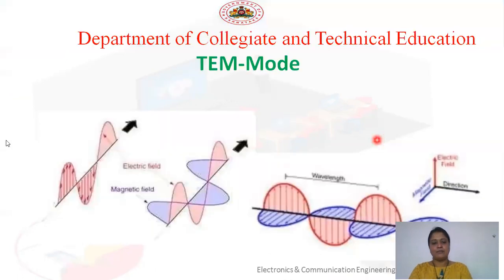Now if you observe the diagram, the red waves represent the electric field and the blue waves represent the magnetic field. And what does the TEM mode mean here? The electric field, the magnetic field, and the direction of propagation are all perpendicular to each other.